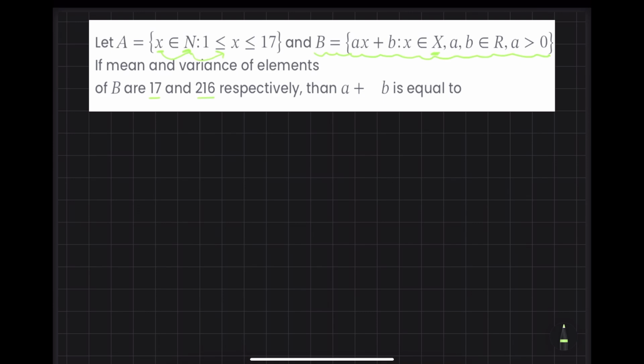So I'll take x as 1: a times 1 plus b, then a times 2 plus b, then a times 3 plus b, dot dot dot, and then a times 17 plus b. Correct? So at this stage the mean is 17, and the variance is 216.